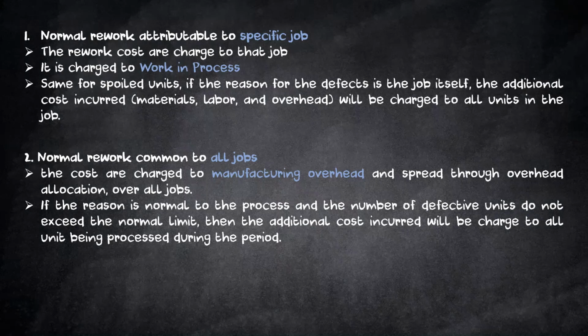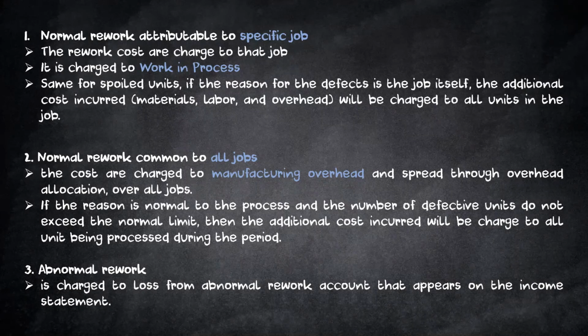Ang entry naman natin dito is we debit factory overhead control and credit direct materials, direct labor, and factory overhead applied. And syempre, hindi natin kakalimutan si abnormal rework. So, si abnormal rework, yung loss natin from abnormal rework is i-charge na natin directly sa income statement.